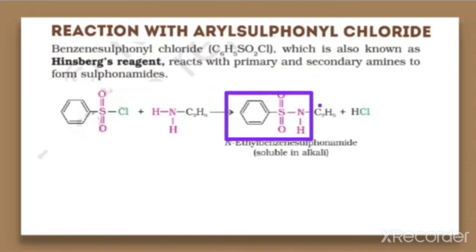So how do we name this sulfonamide? Here the C2H5 is the ethyl group attached to the nitrogen, therefore it is named N-ethyl. And this portion is called benzene sulfonamide. So the name of this compound is N-ethyl benzene sulfonamide.